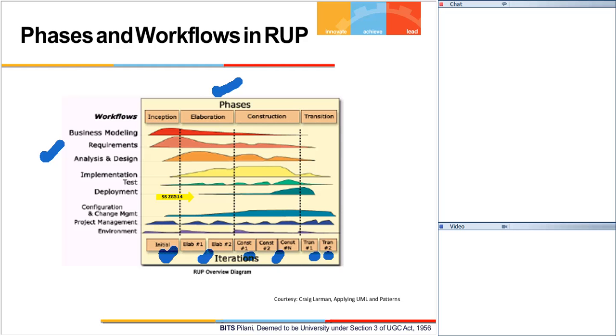One question says why business modeling and requirements cannot be clubbed. The idea is you are doing the business analysis as well as a bit of requirements at the same time initially in the inception phase, in order to get an idea as to what is expected by the customer.